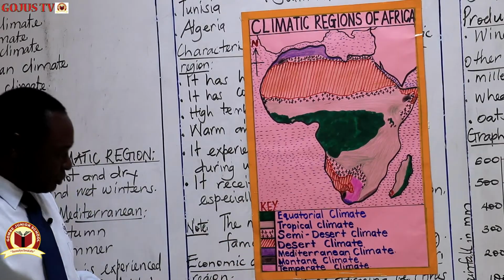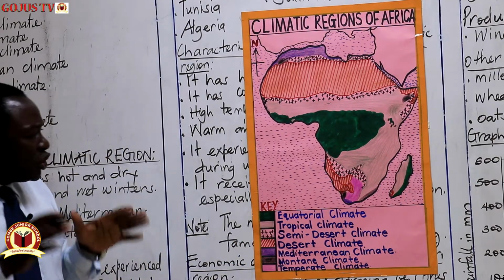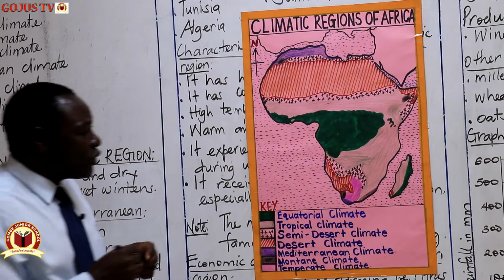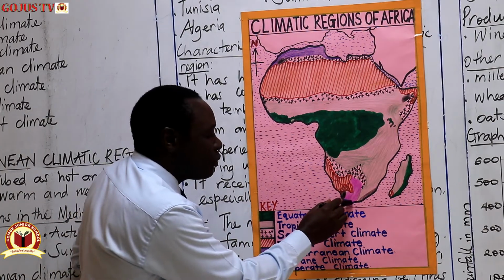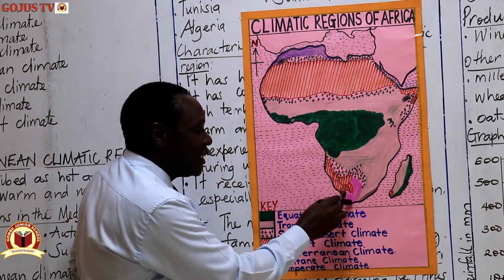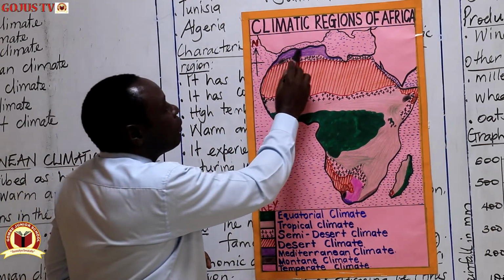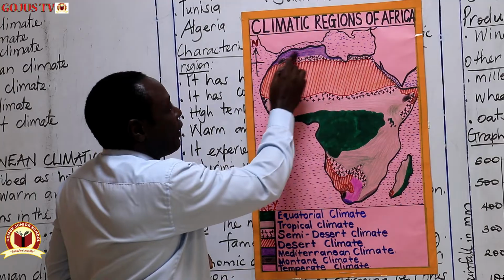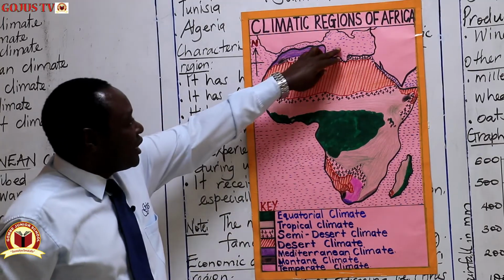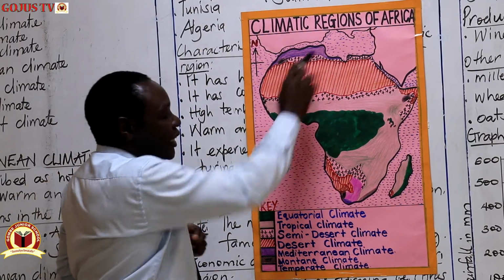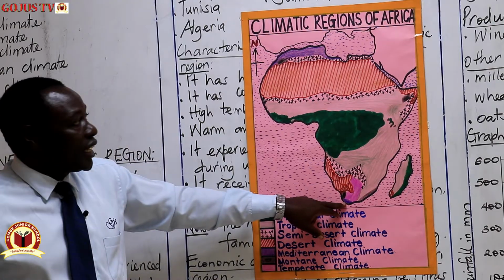We also have the Mediterranean climate. It's only found at the southern tip of South Africa. This is Cape Town. Then northern tip of Africa, near the Mediterranean Sea. So it's found near the Mediterranean Sea and at the southern tip of South Africa.